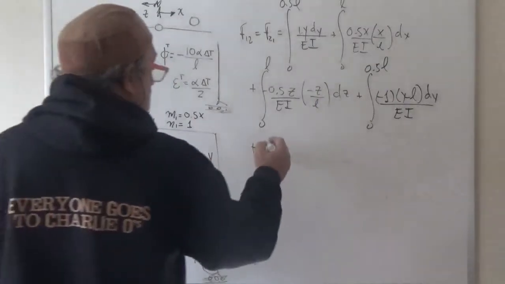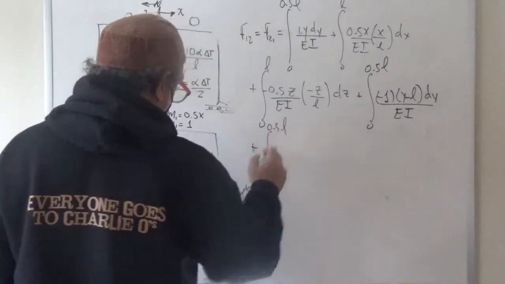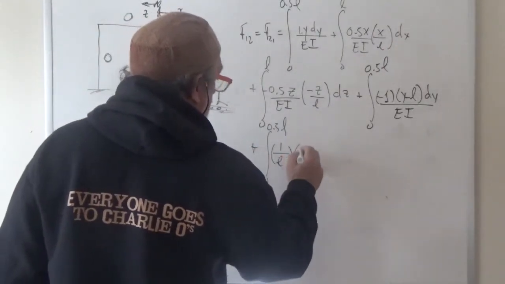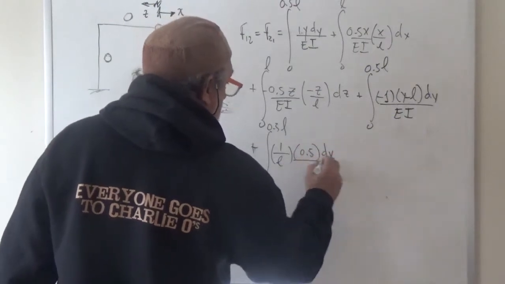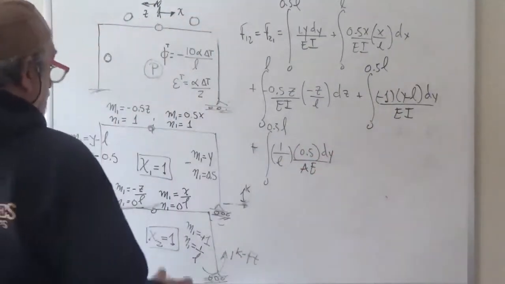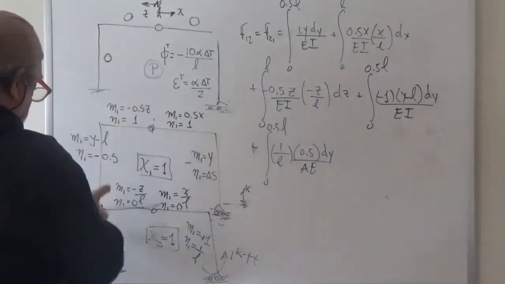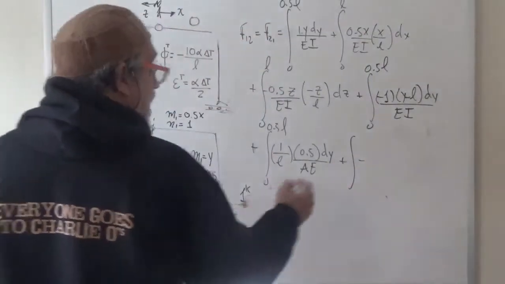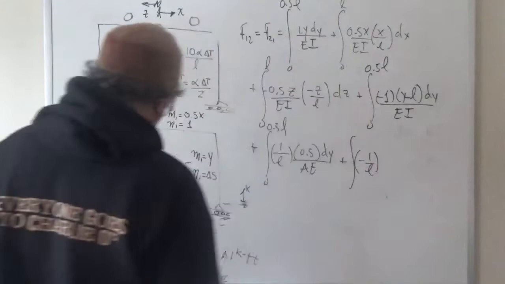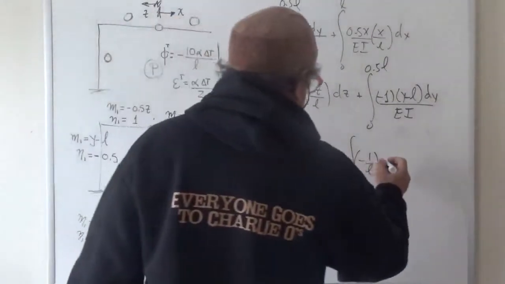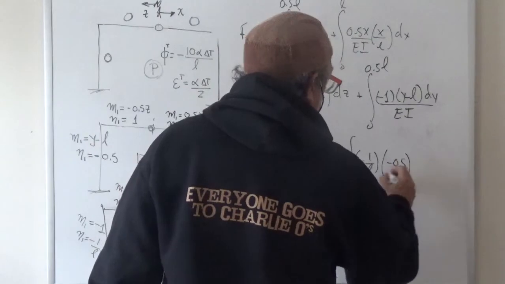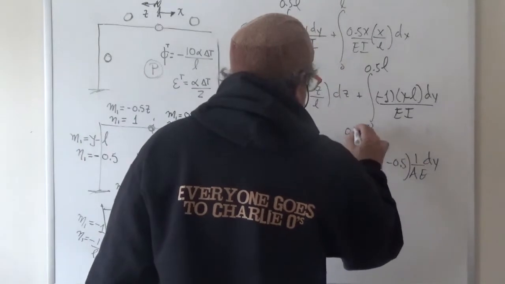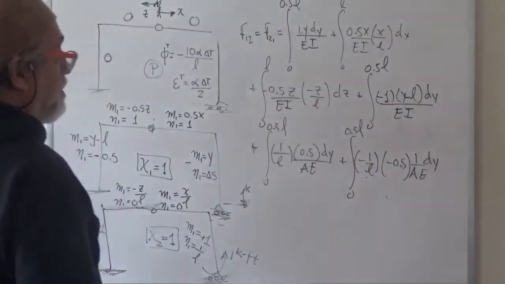N1 times this, the integral from 0 to 0.5 L of 1 over L times 0.5 dy over AE, 0 times something, 0 times something, and finally this one, minus 1 over L multiplied times minus a half, over AE dy from 0 to 0.5 L, and that's it, right?